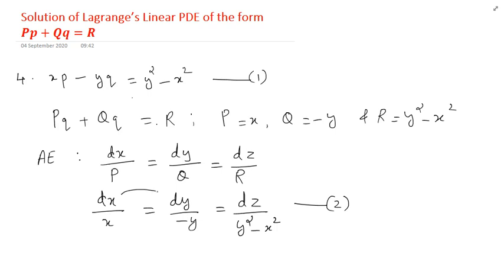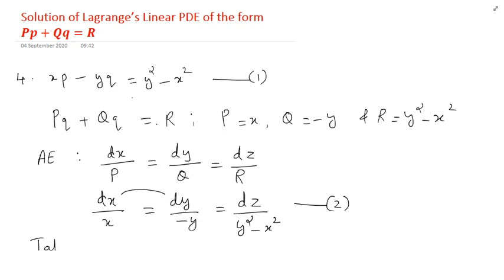So you consider the first and second. Here you can see that dx and dy are differential coefficients, and the denominators contain only x and y. There is no term in z, so you can easily integrate.